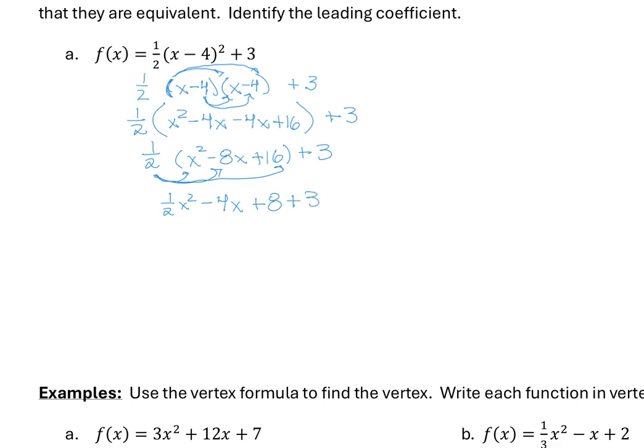And then we still have our plus 3. When we finish this off, we combine our constant terms, and we get 1/2 x squared minus 4x plus 11. This is our function.